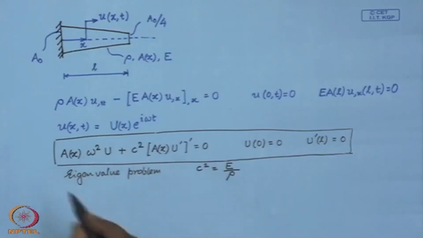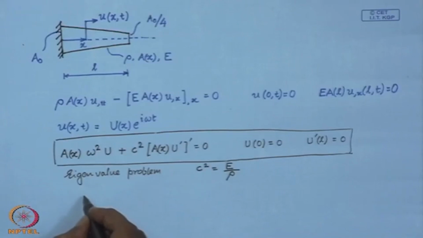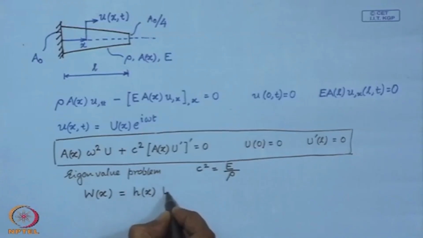So, to find that class, let us make a variable transformation. Let us consider a new variable W(x), which is expressed as some unknown function h of x times our amplitude function u of x.